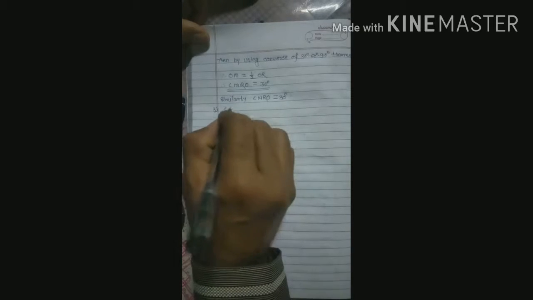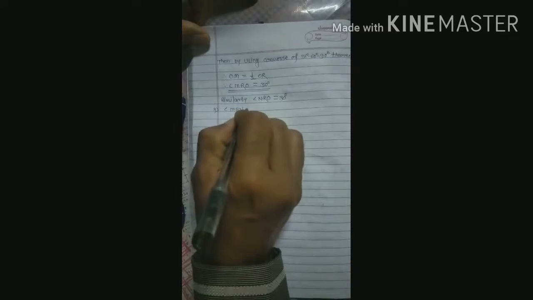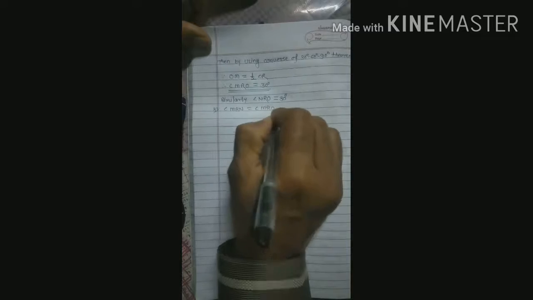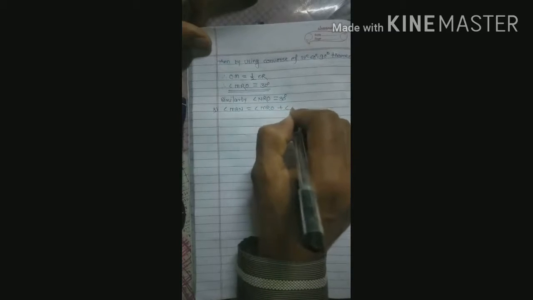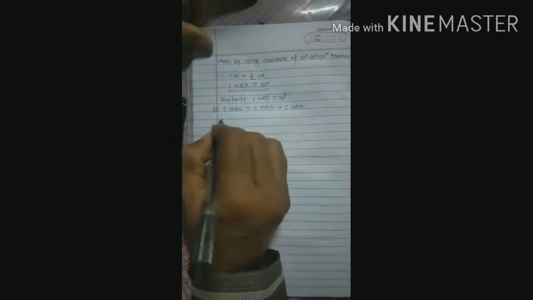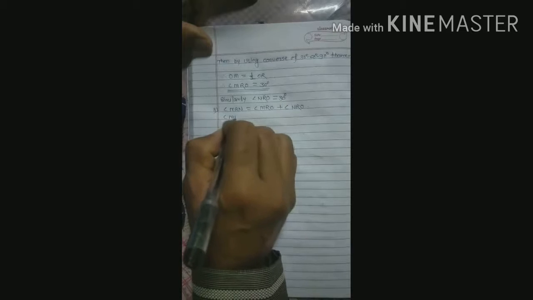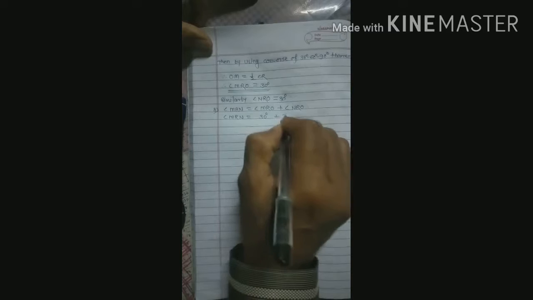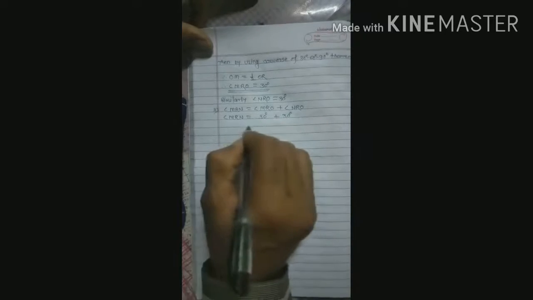So angle MRN is equal to angle MRO plus angle NRO. So angle MRN is equal to 30 degree plus 30 degree is equal to 60 degree.